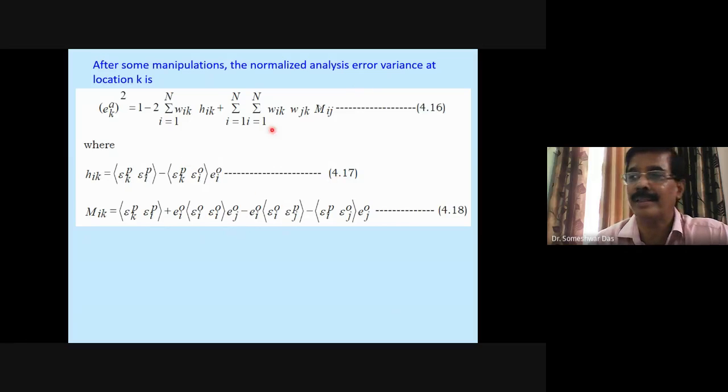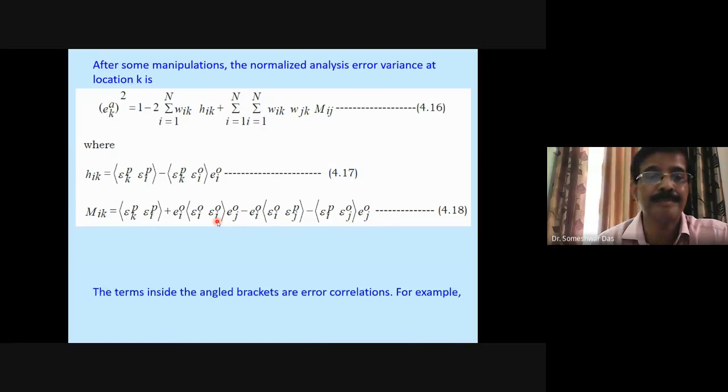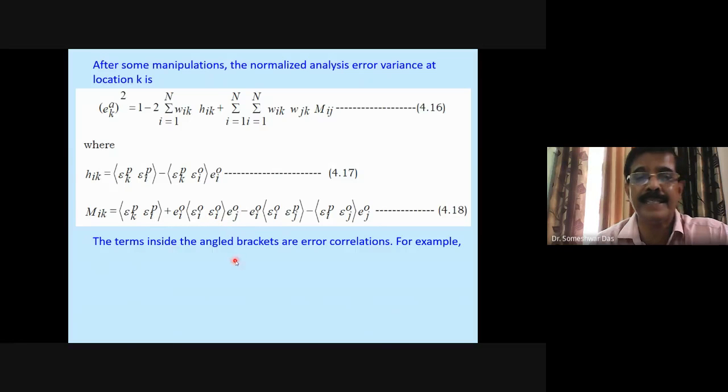Okay, so considering the influence of the surrounding grid points on each other, the terms inside the angle brackets are called the error correlations.